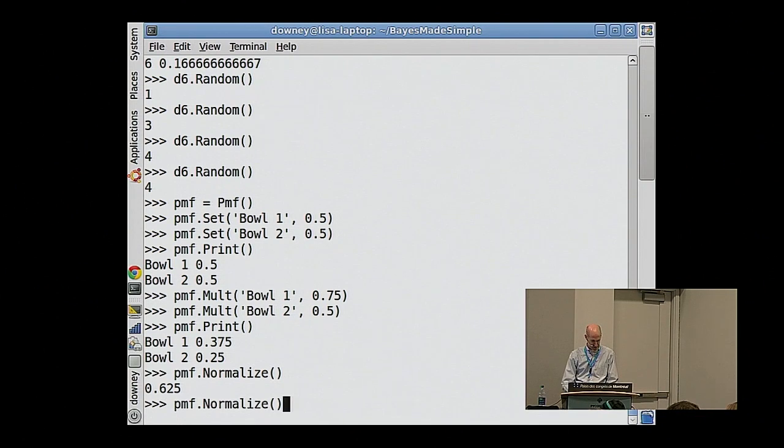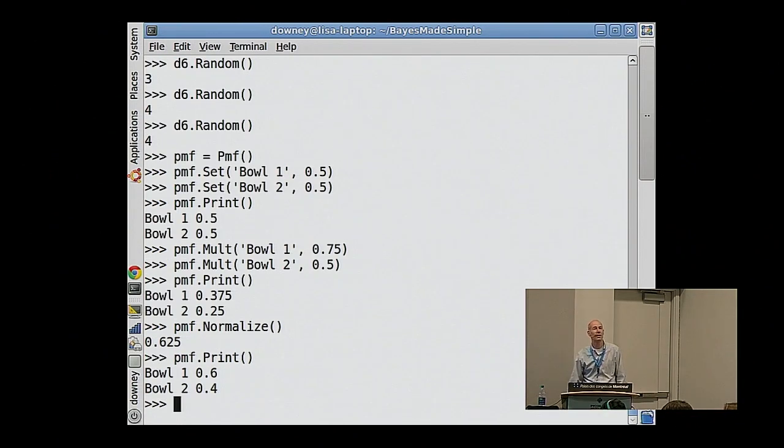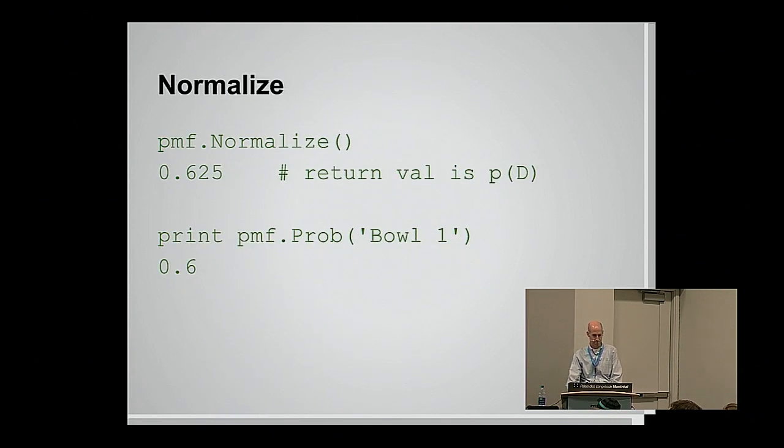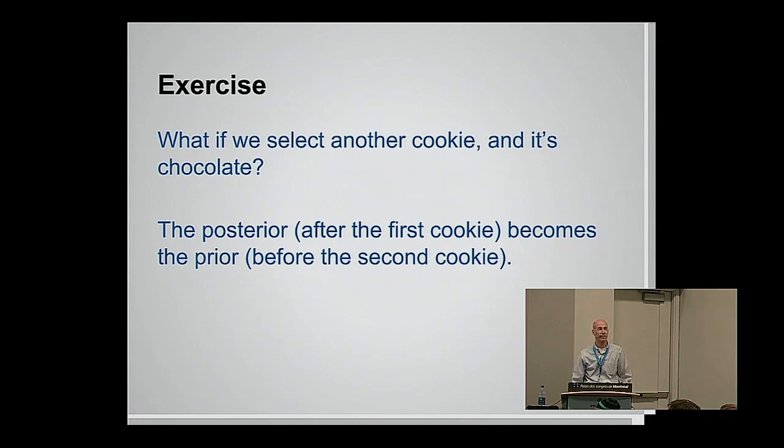And now if I print the posterior distribution, this is now a map from each of my hypotheses to the posterior probability. And we see again that the posterior probability of bowl 1 is 0.6, which is what we computed on paper a few minutes ago, so it checks out. This is what I did a minute ago. All right. Good so far?